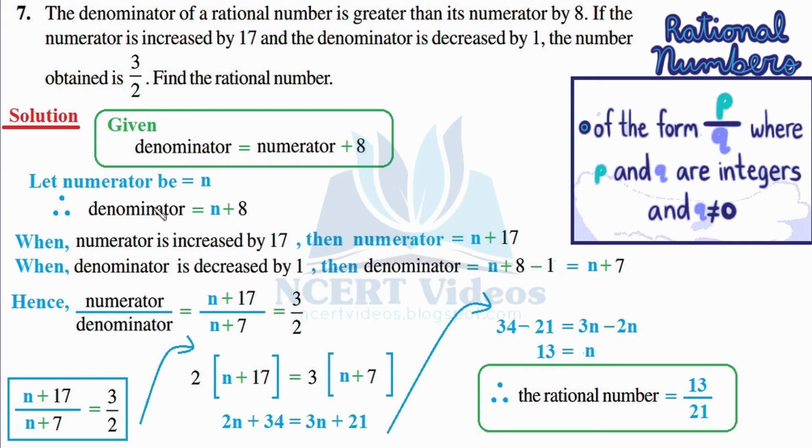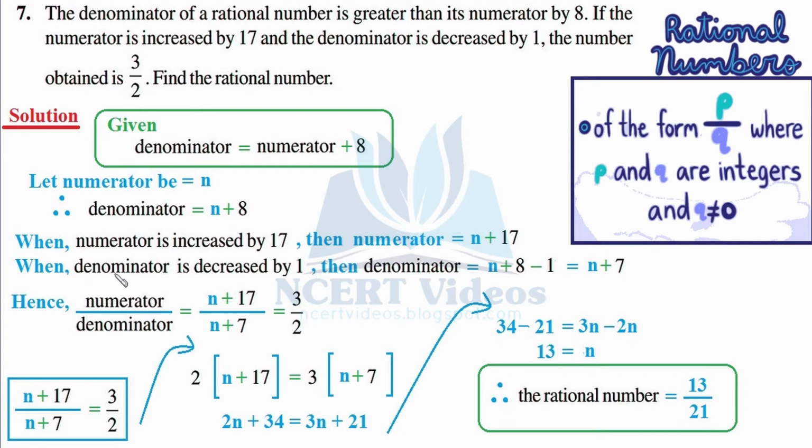With our assumptions in place, let's read the other statement. If the numerator is increased by 17, let's stop here. So when numerator is increased by 17, the numerator will be, initially we have n, and we are going to add 17 to it. So n plus 17 is our new numerator. Again, let's read forward, and the denominator is decreased by 1. So our initial denominator was n plus 8, and we are going to subtract 1 from it.